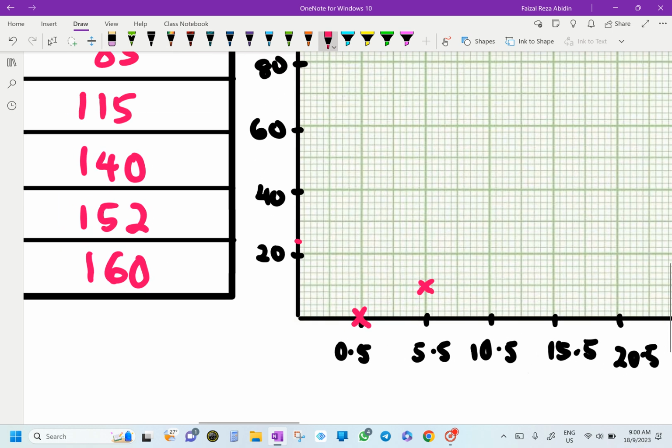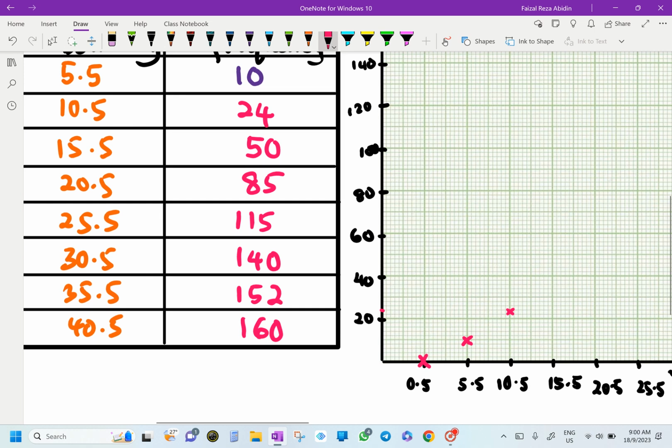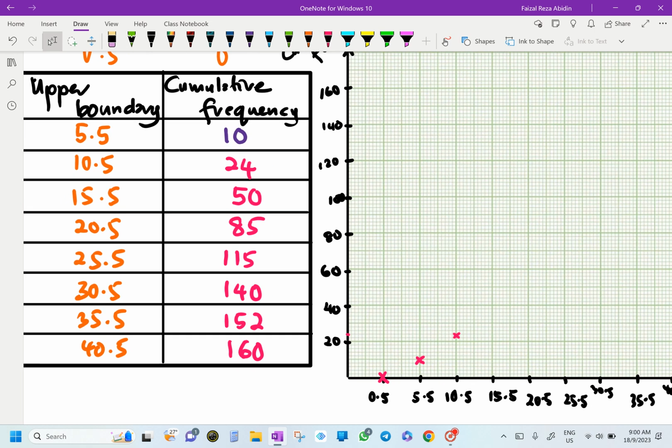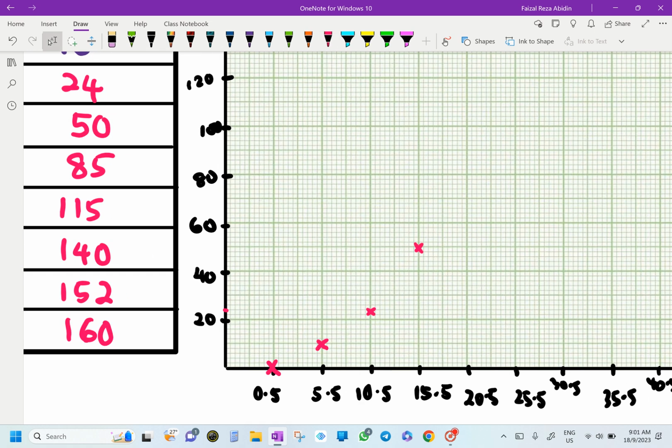Yes. Okay, next 15.5 is going to be 50, in the middle between 40 and 50 here. 20.5 is going to be 85. So 85 here is going to be in the middle, because this one 90 is going to be between 80 and 100 over here. So it means that is going to be 2.5 boxes there.